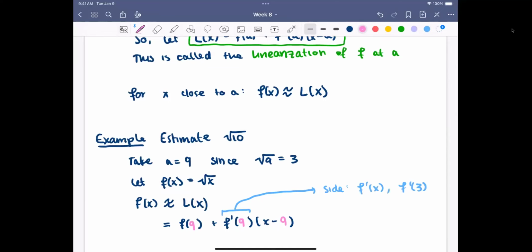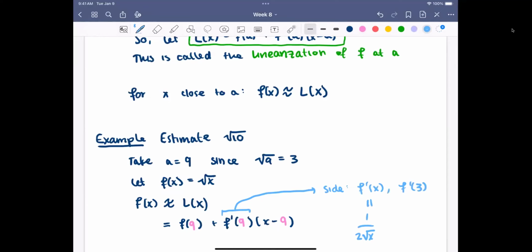What is f prime of x? So f of x is square root of x. Yeah, 1/2 radical x. So f prime of x is 1/2 root x. How did you get that? So that's x to the 1/2 minus 1, and that would be x to the -1/2 times 1/2.